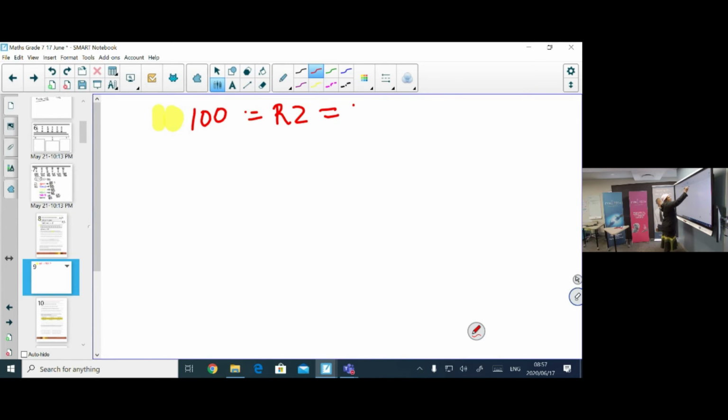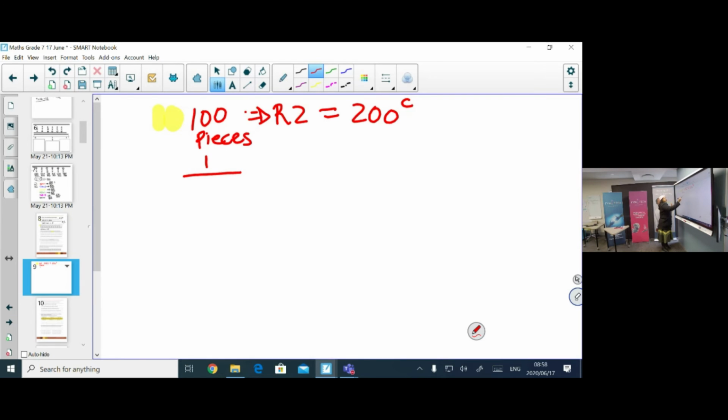So 2 rand is equal to 200 cents, the same thing. Sorry for the equal sign there, because this is pieces, they just cost 2 rand, but 2 rand is equal to 200 cents. Now let's have a look at the smallest. We are looking for the price of 1 piece.